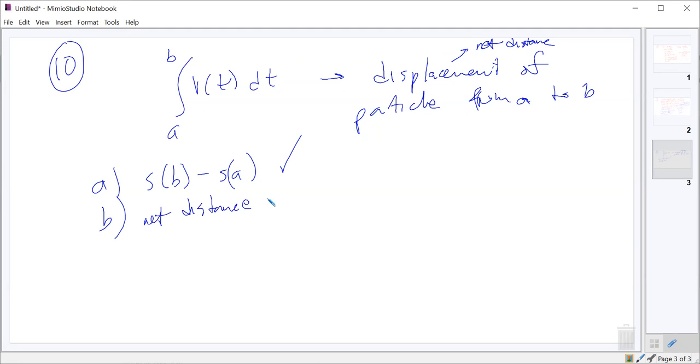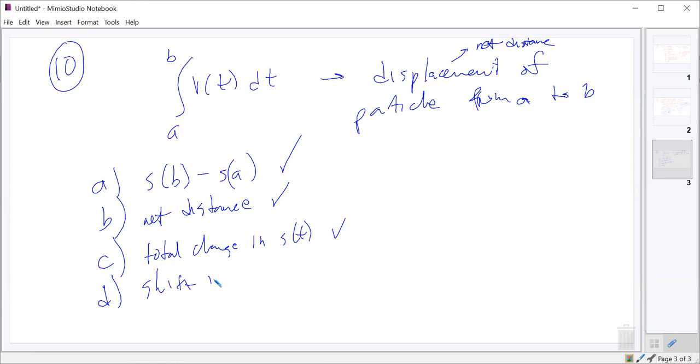Choice C, total change in position between t equals A and t equals B. That's good. Right, that's the total change in position, because S of t is the position. So that makes sense, right? It's the change in its position. D, the shift in the object's position. Sounds kind of the same, right?